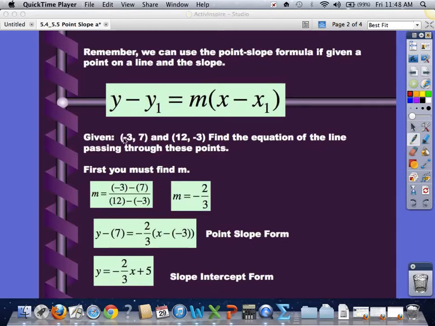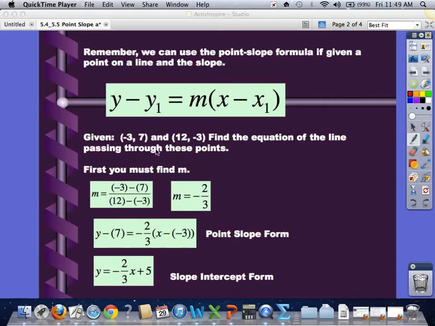So if we're given these points, -3, 7, and 12, -3, we need to find the equation of the line that goes through those points. So we want to use the slope formula first because we don't have m, and that's usually where you want to start.